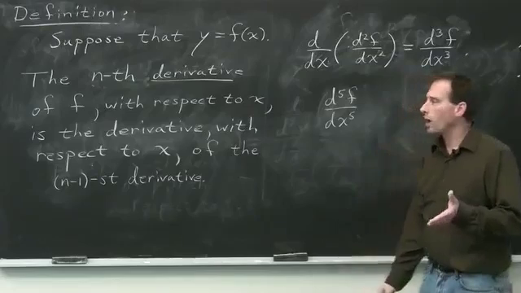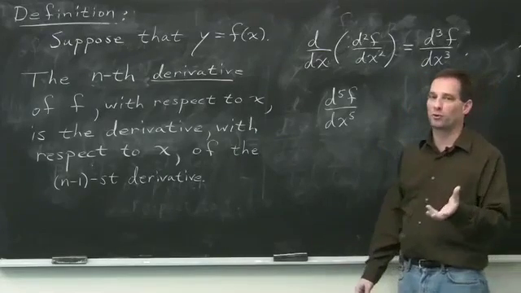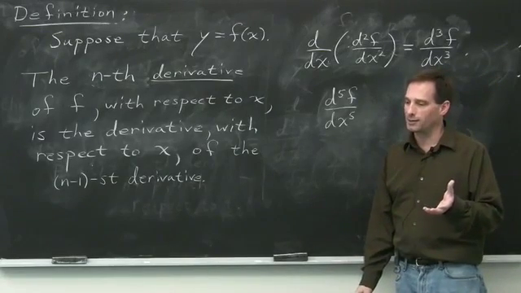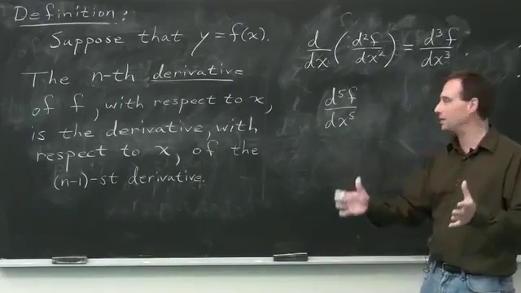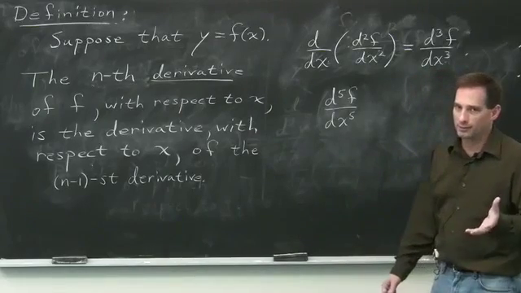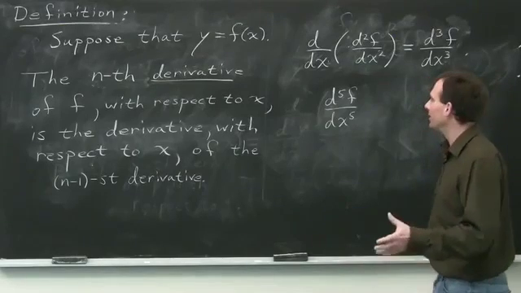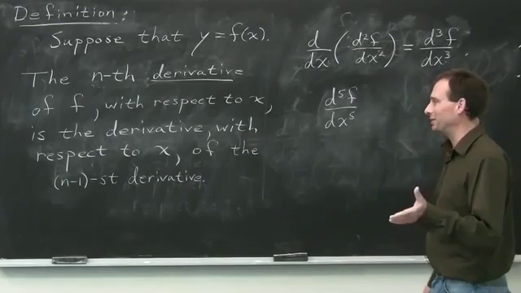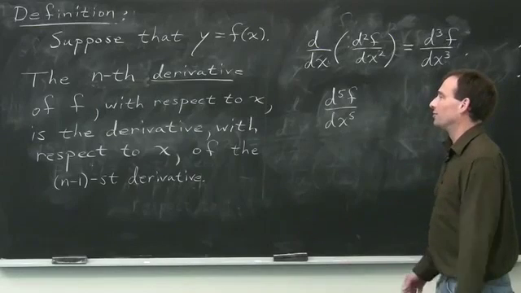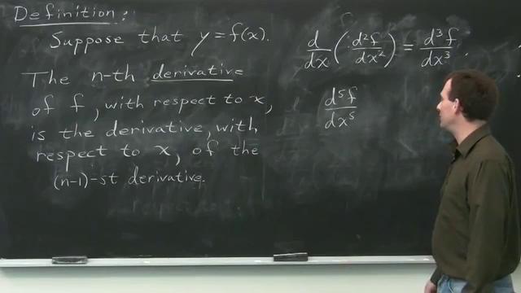Fine. How do you write this in the primes? You don't really want to write 5 primes, or 17 primes. Not that I can think of a physical significance for the 17th derivative, but still. It has mathematical uses that you'll see when you get to infinite series.